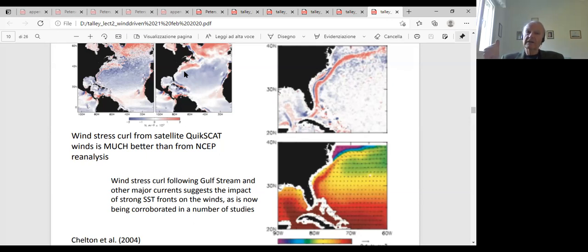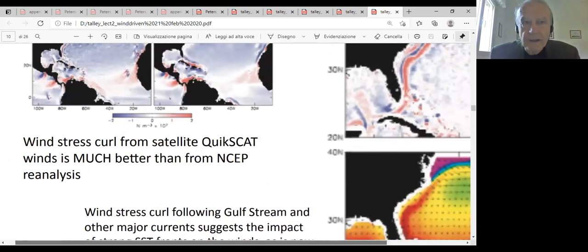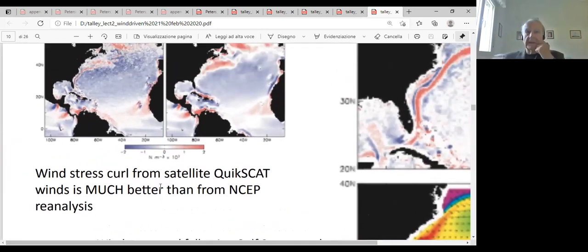So it's not only the orography which impacts the wind field, but there are also the thermal conditions over the world ocean.